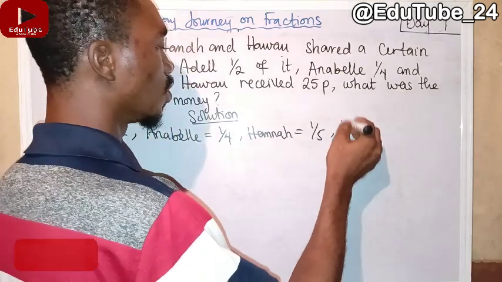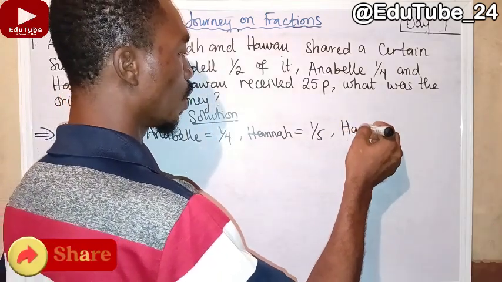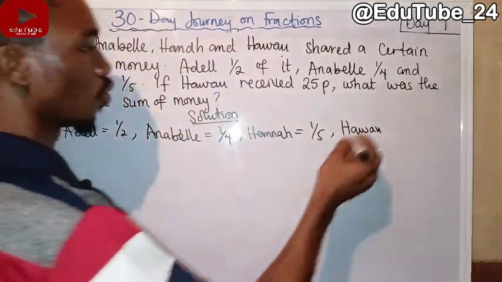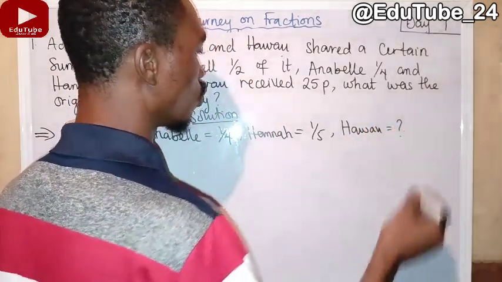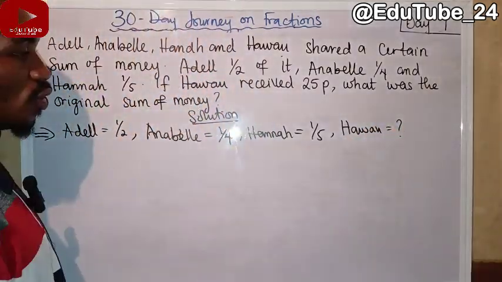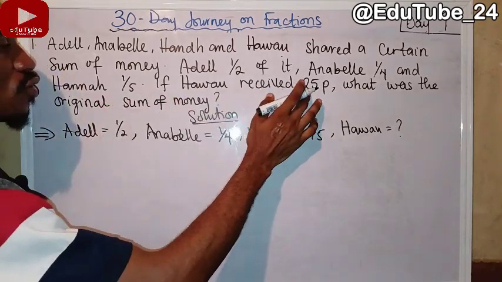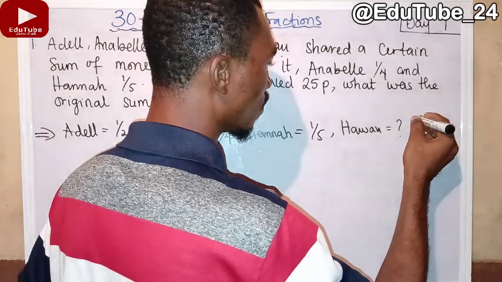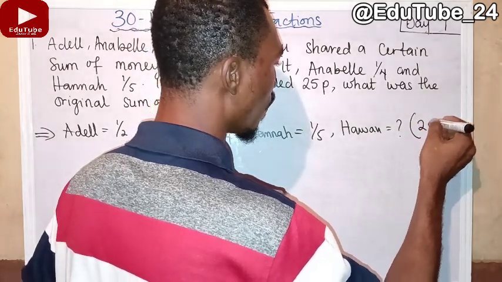While Awal, the fourth sister, we weren't given the fraction of money received. So I'm going to put a question mark, but instead we were given the quantity of money that was given to Awal. So I'm going to open a bracket and write 25 pence.